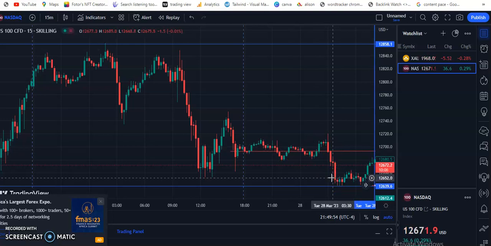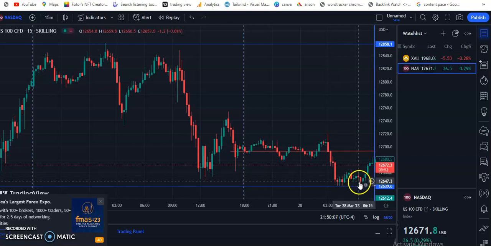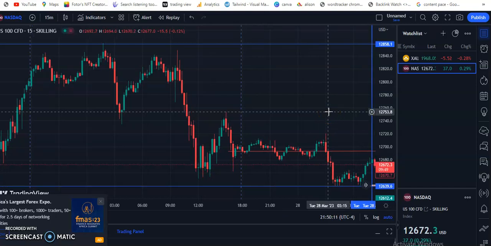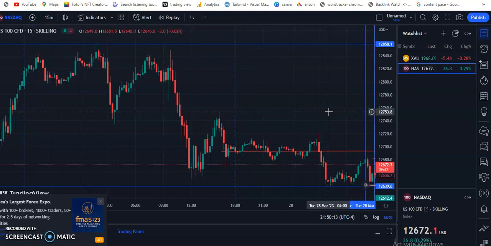Now, it breaks down to the previous day's low and fails to continue lower. As you can see, the market just continues to oscillate around the previous day's high. Now, let's look at the first hour.